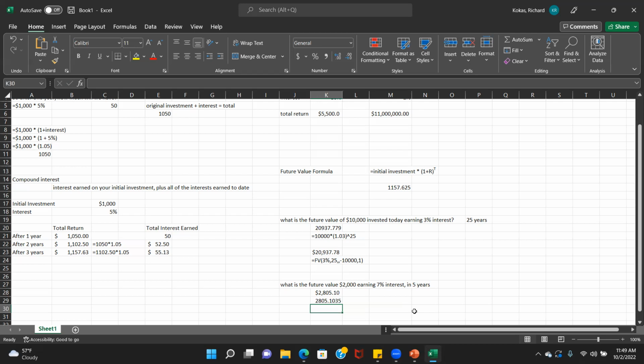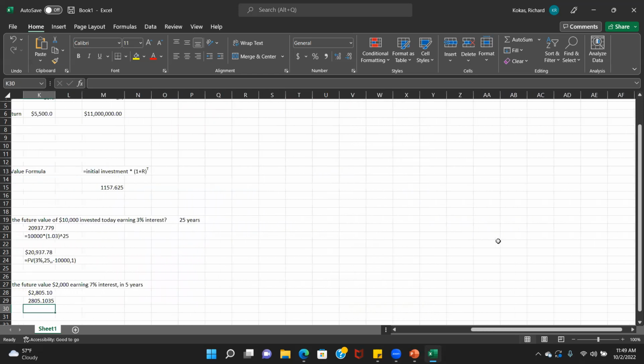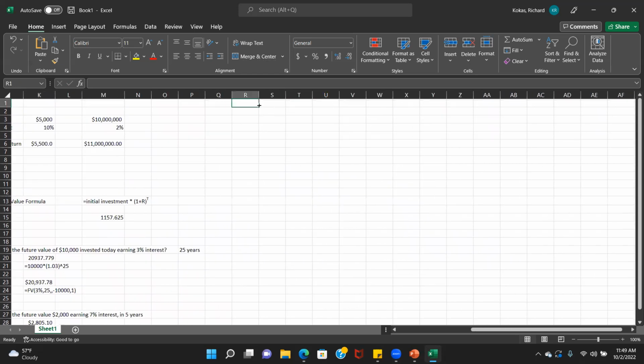It's really useful. Now guess what? We could do the inverse of this. We could figure out the present value. Say we know in 10 years, we want to have $1 million saved.